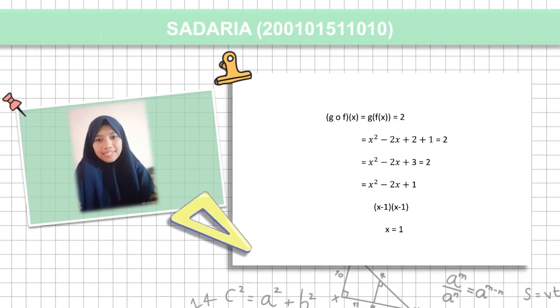So we find x² minus 2x plus 1 is equal to 0. After that, find the root using factorization. So we find (x minus 1)(x minus 1) is equal to 0. And then we find the value of x is 1. I think that's all. Thank you.